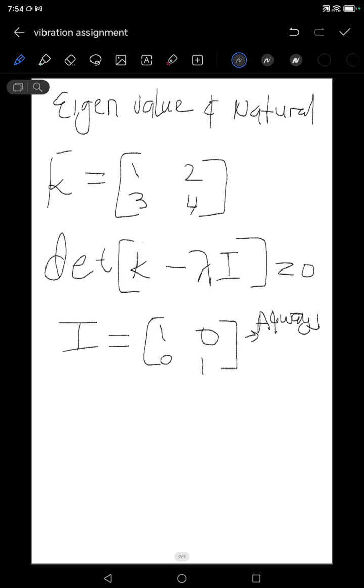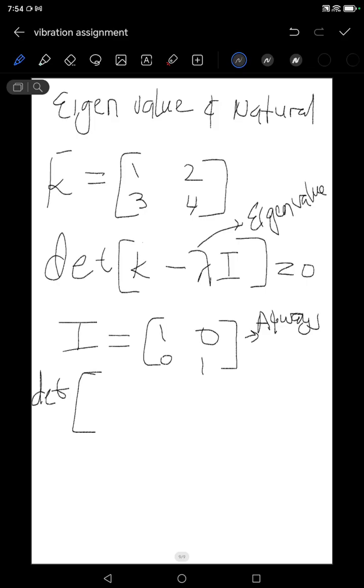So to determine the eigenvalue, remember this sign is for the eigenvalue. So now we're looking for the eigenvalue. What we're going to do, we're going to determine this. So we're going to have the determinant of k. But remember this one is the normalized stiffness.